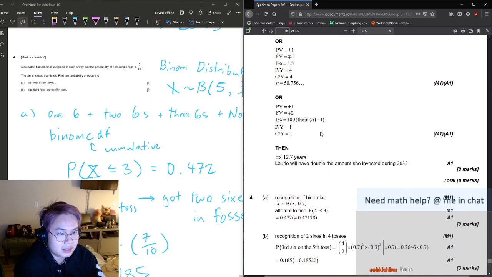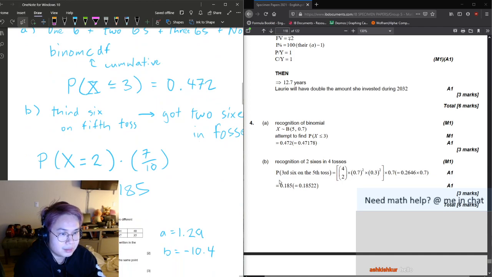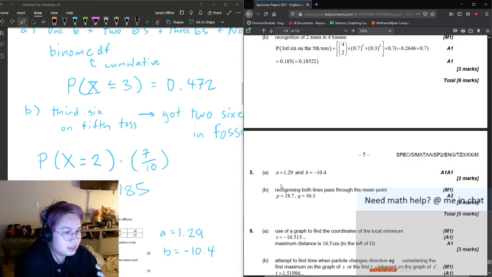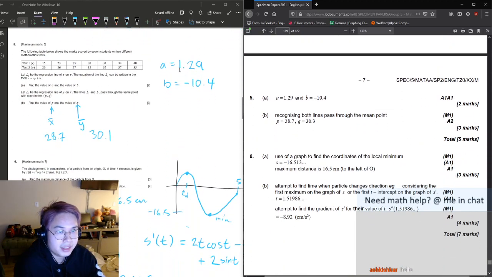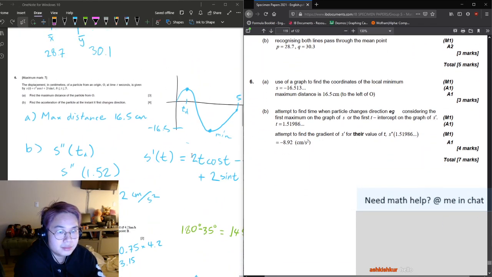And then let's see, 0.472, 0.472, 0.0185, 0.0185, nice. A and B are the same. P and Q are the same. Maximum distance, 16.5 centimeters, we have that.